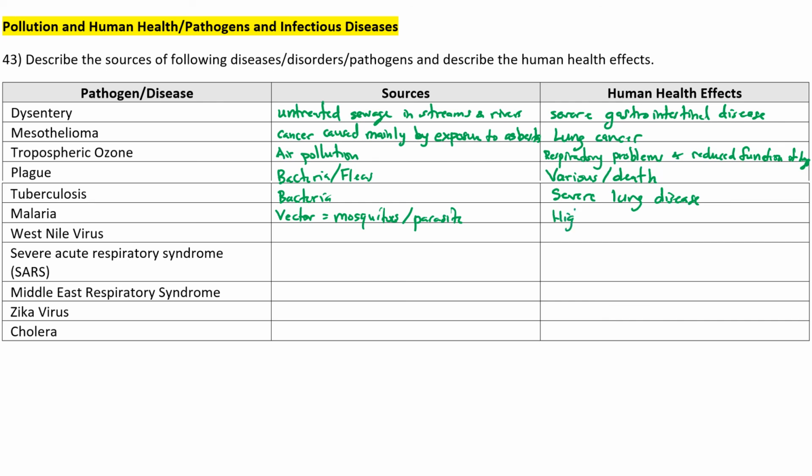Malaria, the vector for malaria would be the mosquito, or a parasite. Causes high fevers. The West Nile virus. Okay, so the vector would be a mosquito or virus.